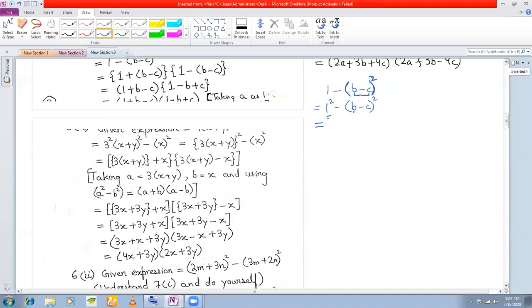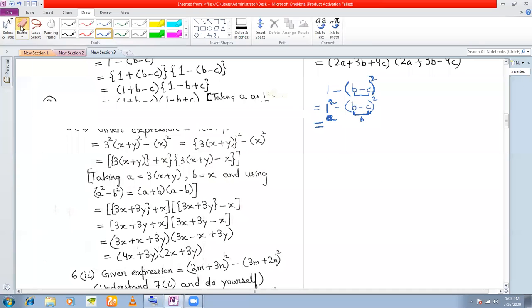Nothing to do, this expression is already a square. That is why I write 1 as 1 square, to show that 1 is also a perfect square. So now 1 becomes my a and b minus c becomes my b.